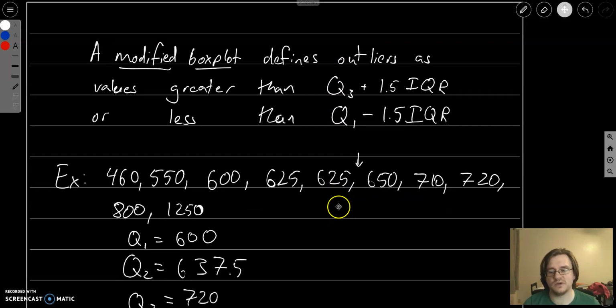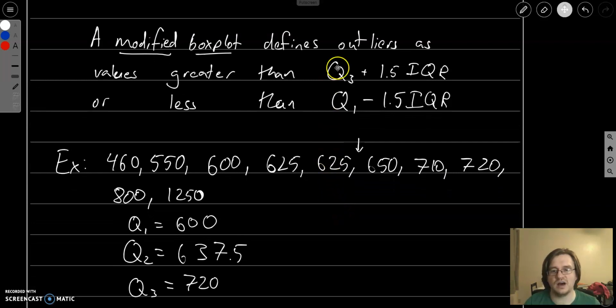First of all, we have to define what an outlier even means. How do you numerically decide whether or not a value is an outlier? This is the rough formulation for a modified box plot.